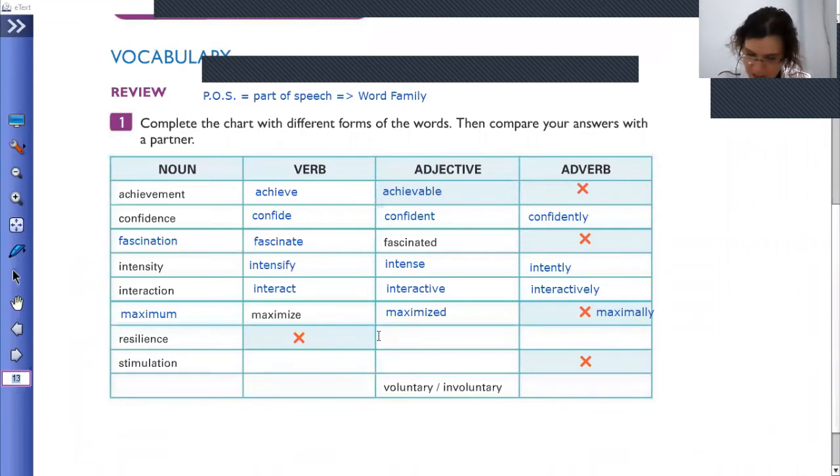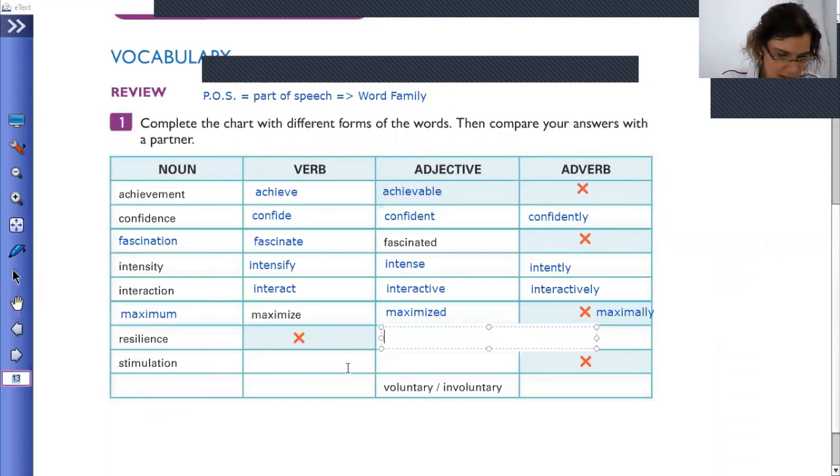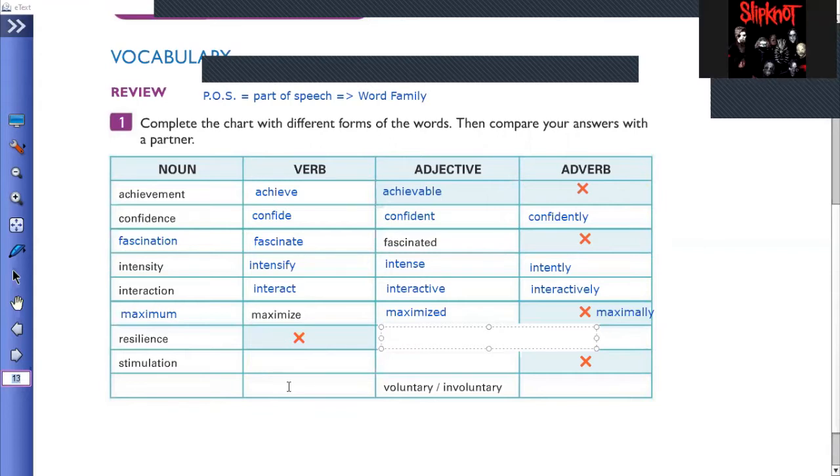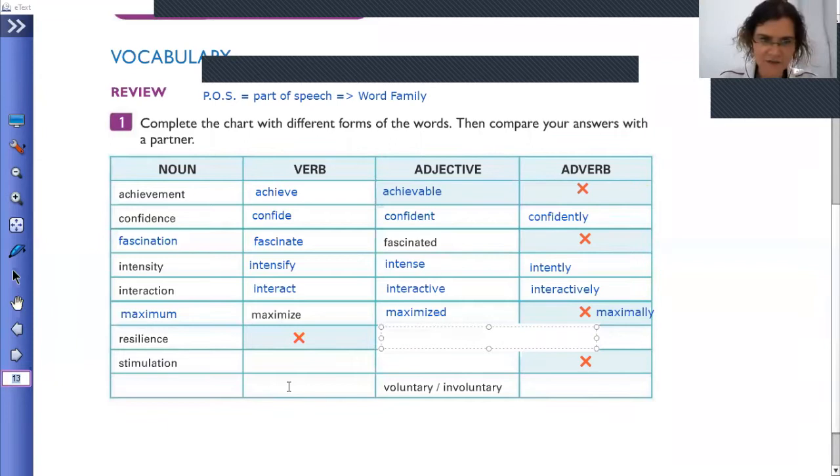Resilience. Okay, the adjective for resilience. What about Marcel? Ferro? Yeah, miss. Hi, Ferro. Can you answer this one? What's the adjective of resilience?